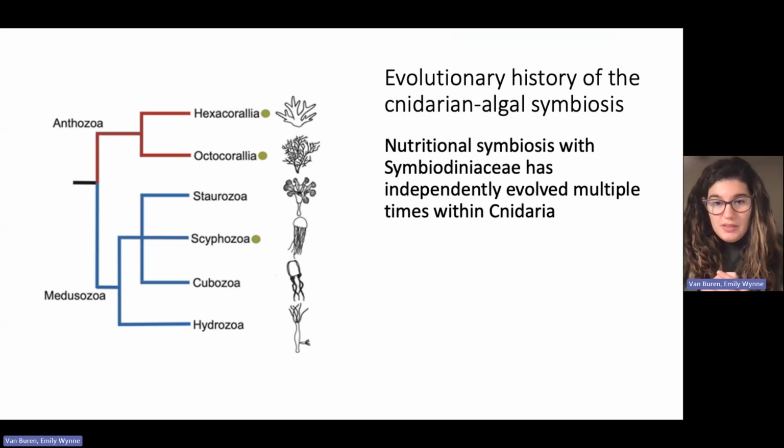This is common in cnidaria, and all these green dots represent ones that have at least one independent evolution of symbiosis. It's just that classification of it houses the algal symbiont within the host itself, whatever species you are looking at.